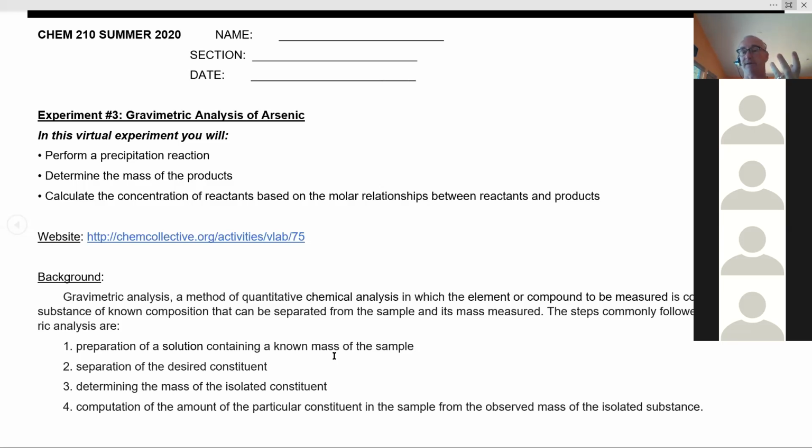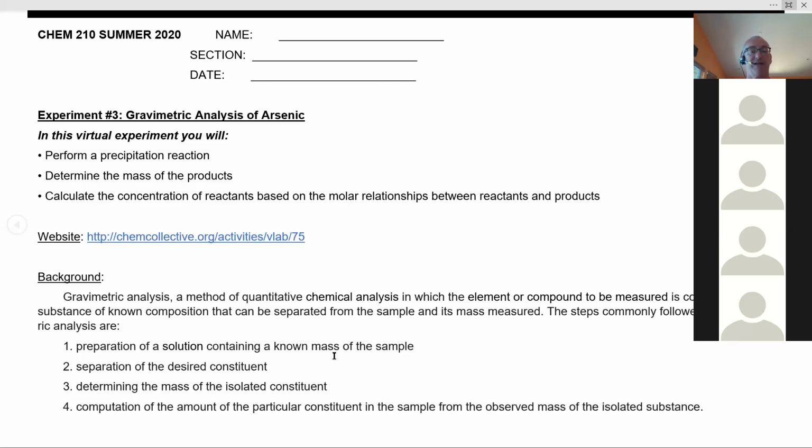You add that salt to the aqueous solution of arsenic, and what you want to happen is for the metal of the salt you've added to combine with the arsenate, which is the arsenic with oxygen attached to it, and that will not be soluble. When those two come together, they're going to fall out of solution as a solid, and then you'll be able to measure the mass of the solid and see how much arsenic was there.